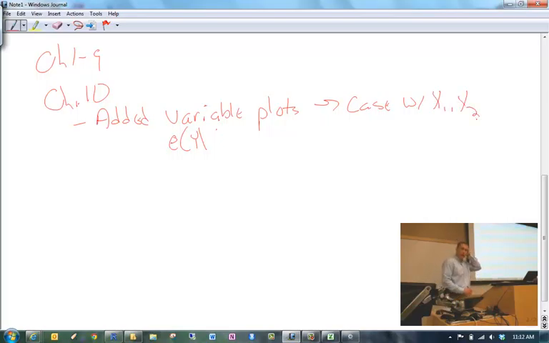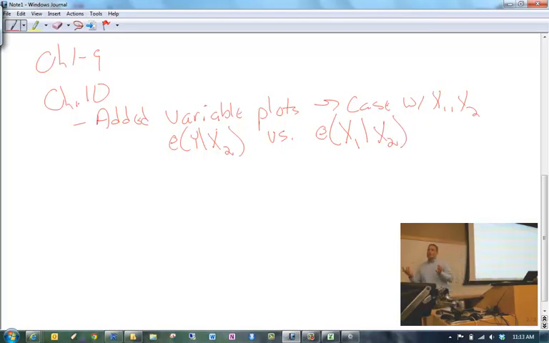Let's say we want to do a plot for X1. What you do is you plot the residuals for a model that has Y as the response and X2 only as a predictor variable, versus the residuals from a model that has X1 as a response and X2 as a predictor variable.